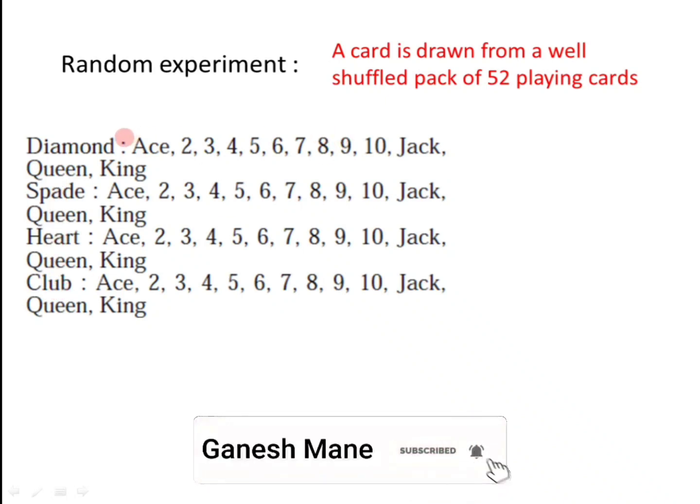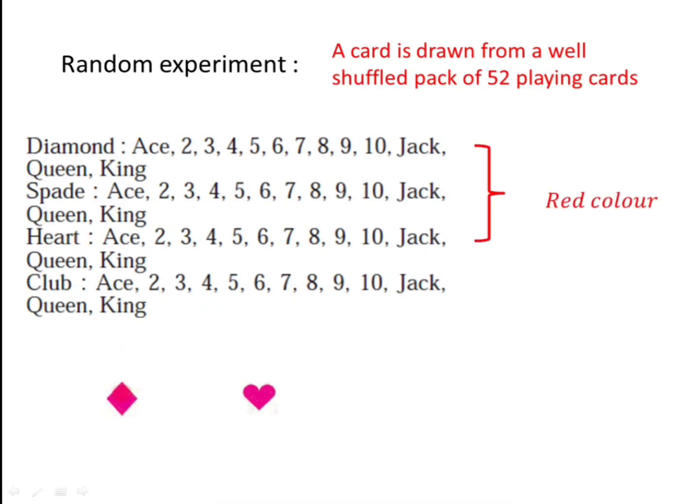Out of which, as we know that diamond and heart are red colored, whereas spade and club are black colored. These are the two colored pairs in 52 playing cards. We must know one thing here, that the jack, queen and the king of each type, these are the cards which have faces, and all other cards have the numerical values.